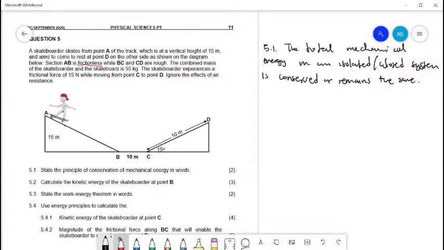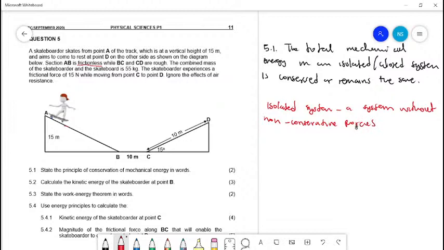So every time they talk about an isolated system, it is a system without non-conservative forces.